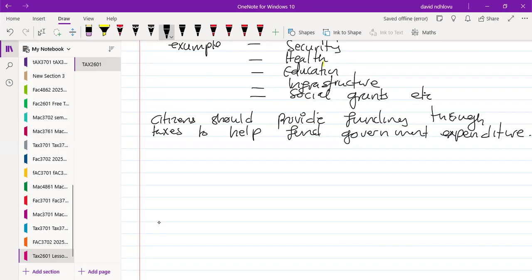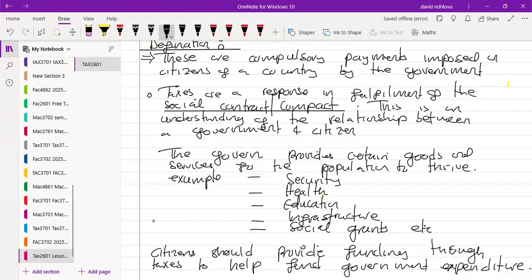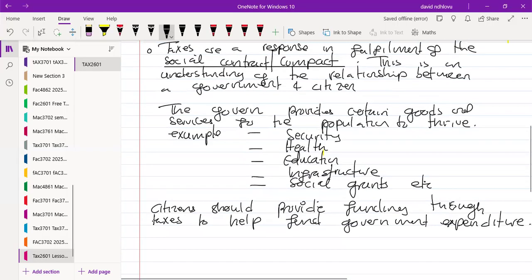All of those things pull into the funds available for social services and other governmental needs. However, tax is still the major contributor to the funds available to the government so that it can provide all the things needed by the citizens.